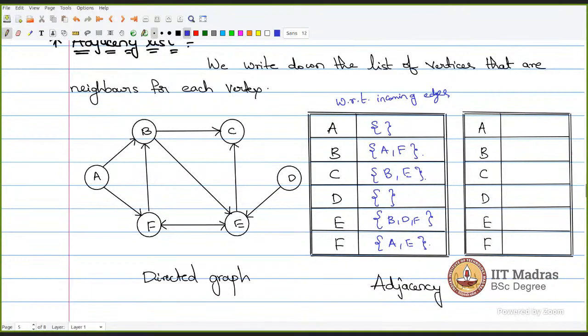Now you see, I just have to go to this row and scan the number of incoming edges A has. If there are two incoming edges, I should scan two elements. If there are no incoming edges, I don't need to scan anything, I will just move to the next row. So if you see the time complexity, each row multiplied by the number of entries of that particular vertex is my time complexity.